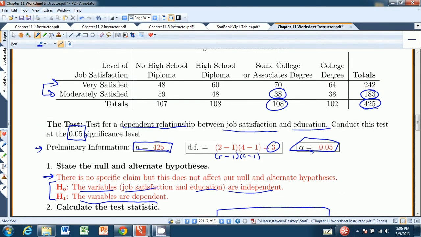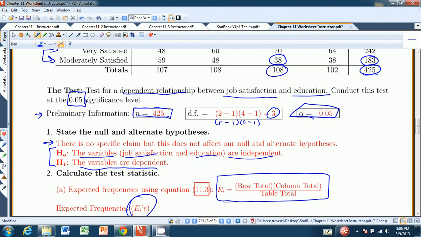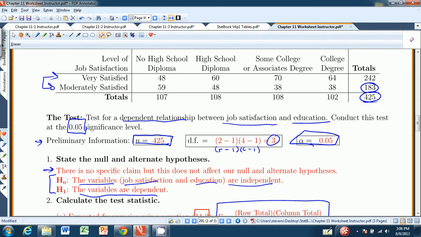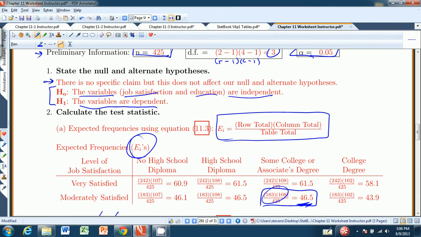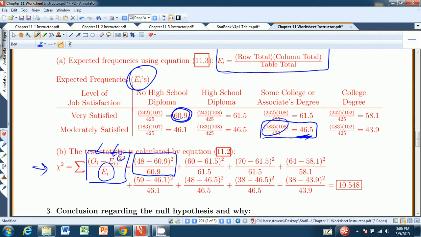So it's the 48, row 1, column 1. So it's this 48 minus the 60.9 and the corresponding cell for expected frequencies, all squared divided by the 60.9. And so that's what this one is.